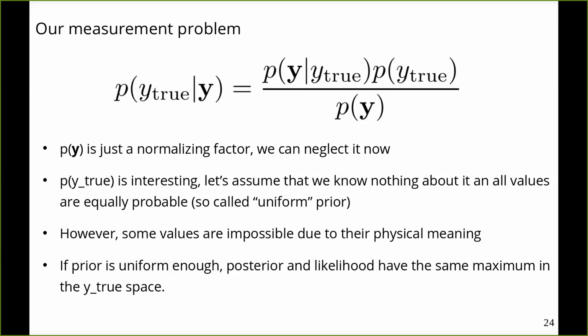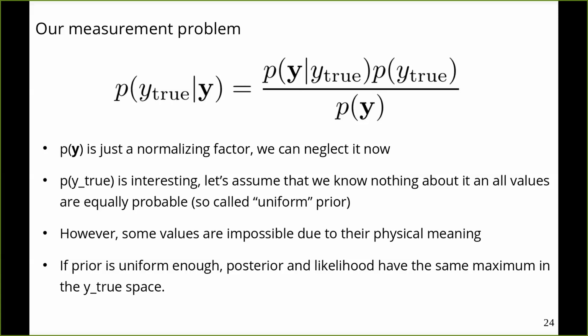For example, inclination of the magnetic field is a priori more probable to be high than low, because when you draw the inclination, high inclination spans a bigger circle on the sphere than the small inclination, and so on. So it's an interesting thing, and if you think about your problem, you can come up with some priors.